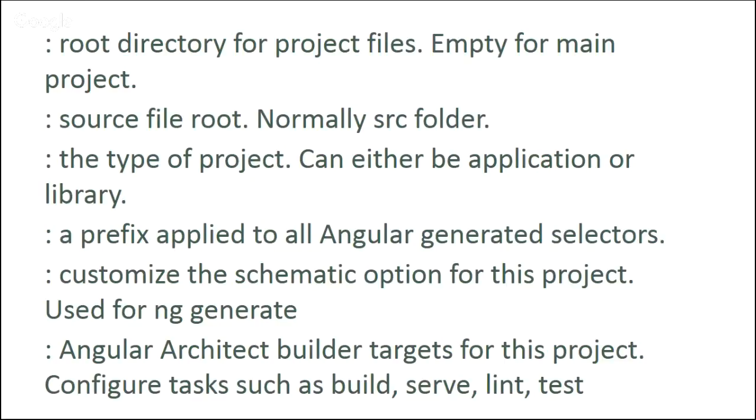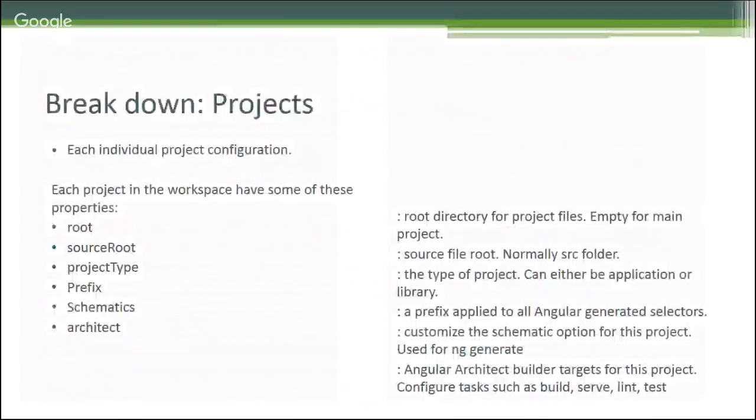There is build, when you want to build the project files. There is serve, when you are serving it and developing it. There is lint, when you need to lint your files to make sure they are up to standard. Then there's test, when you write your tests and wish to run them. I think there are more, I can't remember, but these are the Angular builder architects.